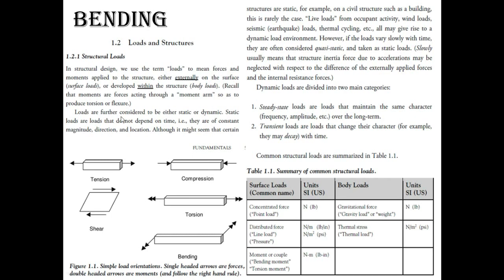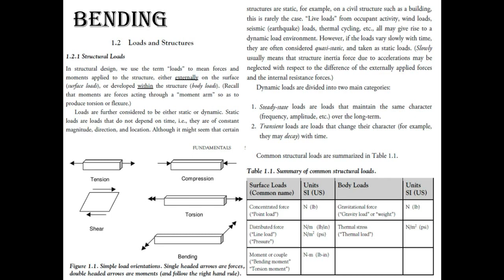Then we go to another very important topic. Common structural loads can be summarized as surface loads and body loads. So the structural loads, remember, can be in two categories: surface loads and body loads. We will be encountering a lot, 99% you can say, in our solid analysis 2, as surface loads.